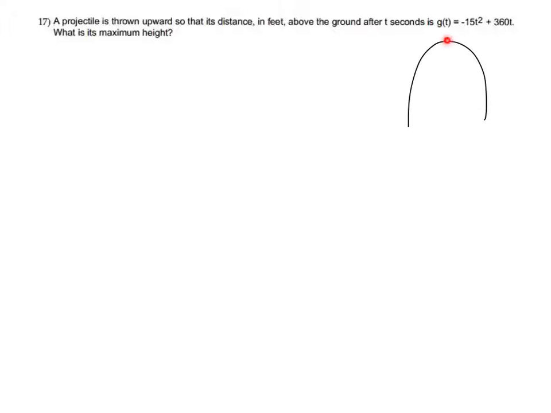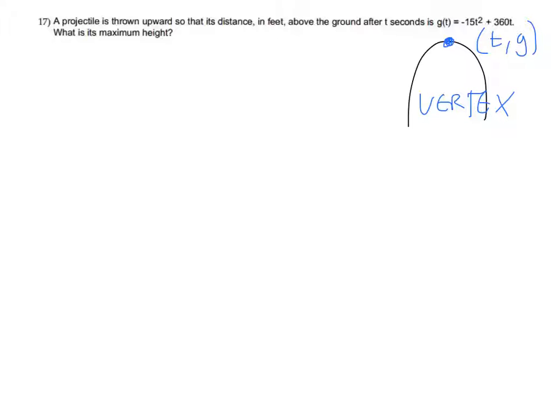The maximum is right here. That's the point that we're interested in. The maximum will be some kind of time and g. G would be the height. Often this will be h equals, not g equals. It makes a little more sense, but g is fine, whatever. Well, this is all about the vertex.